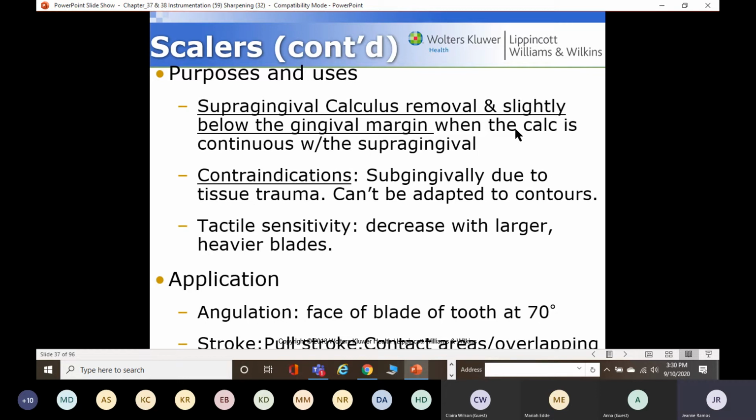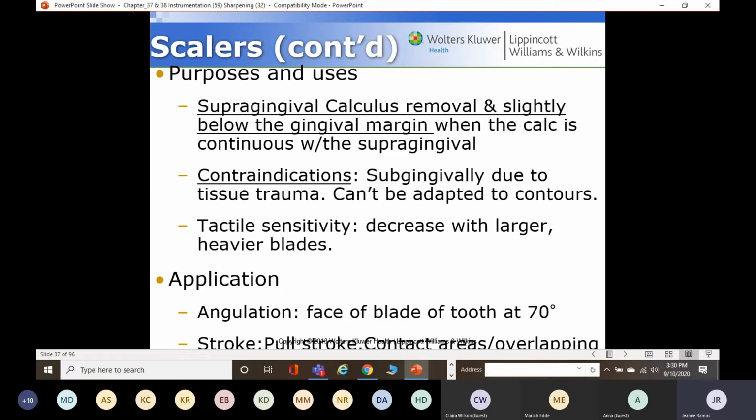So supragingival calculus removal and slightly below the gingival margin are what pointed scalers do. When the calculus is continuous with a supragingival, with just a teeny bit of calculus, you can go subgingivally. If you go down too far, you're going to have tissue trauma with a pointed instrument because it can't be adapted to the contours, the rounded corners of a tooth.